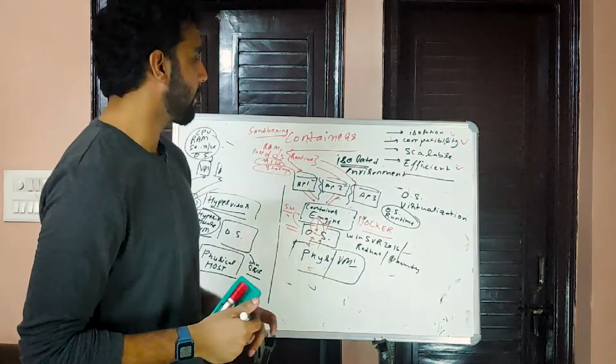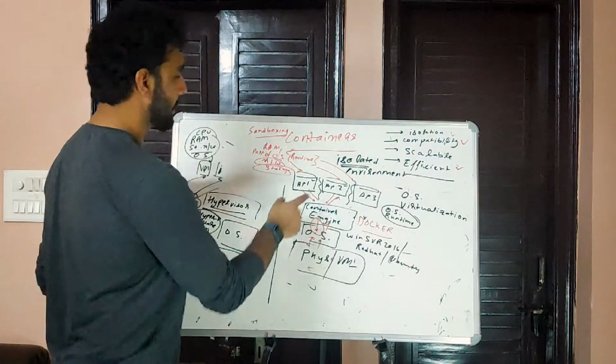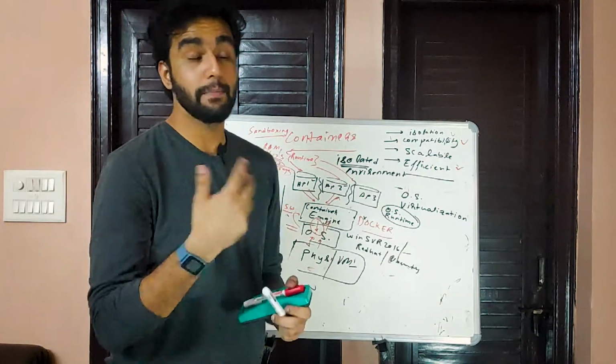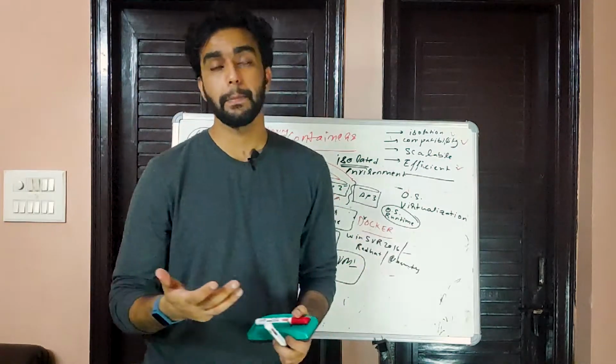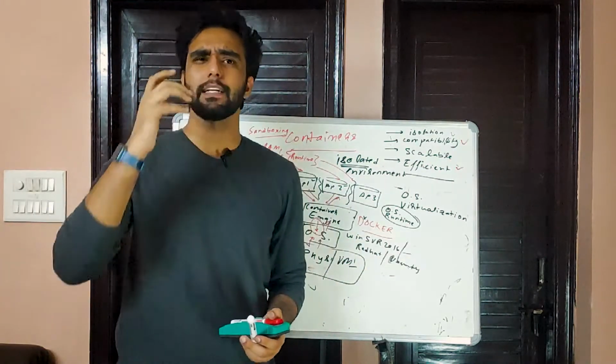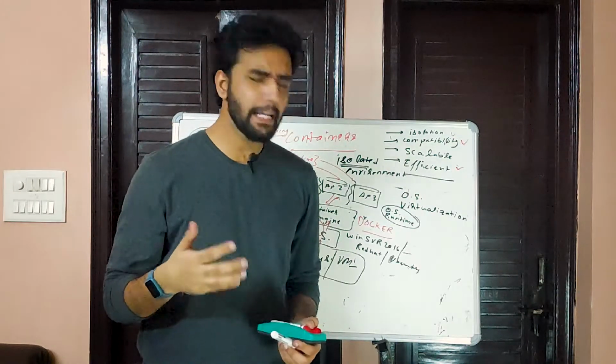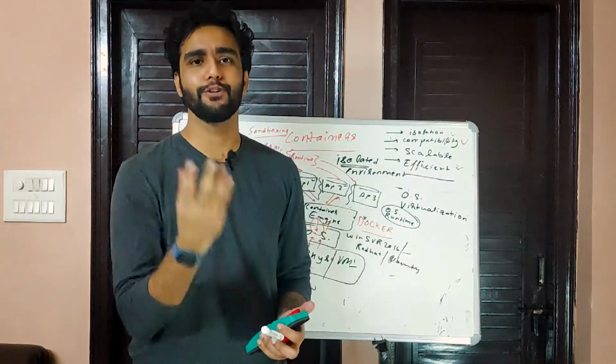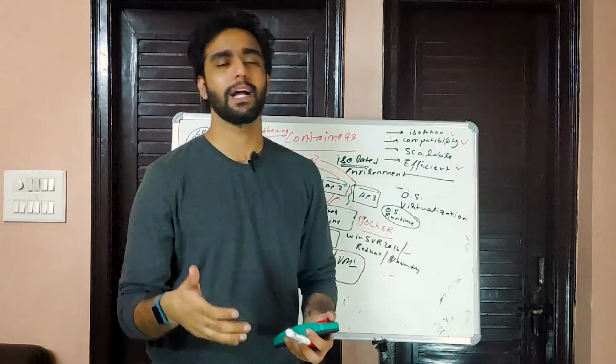If you are comparing the application running directly on a system, or maybe an application running on a virtual machine, right? The application that's running on the virtual machine would technically take longer to be deployed because the virtual machine would have to start, then the application would have to start.